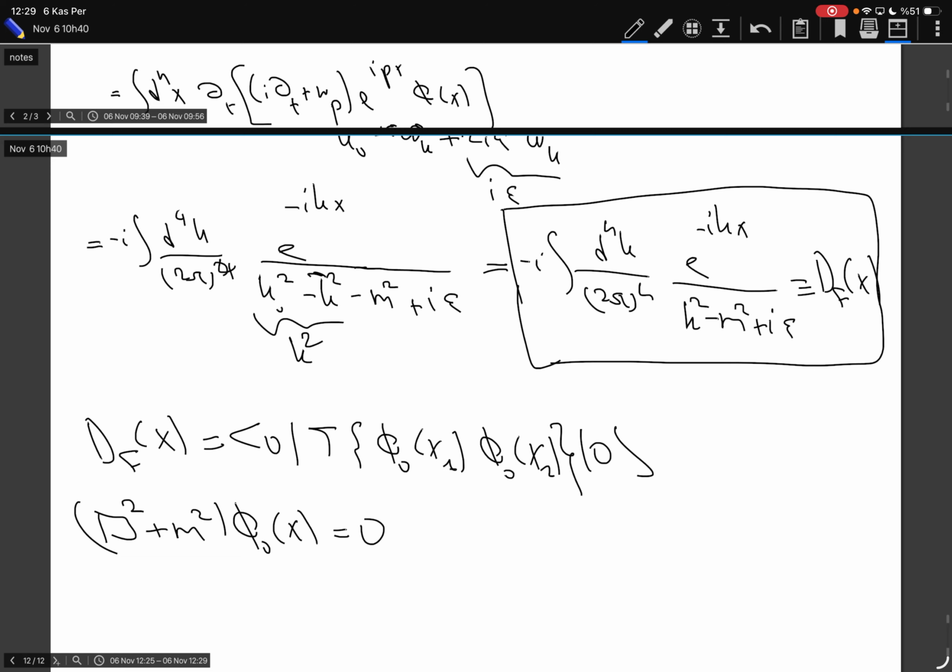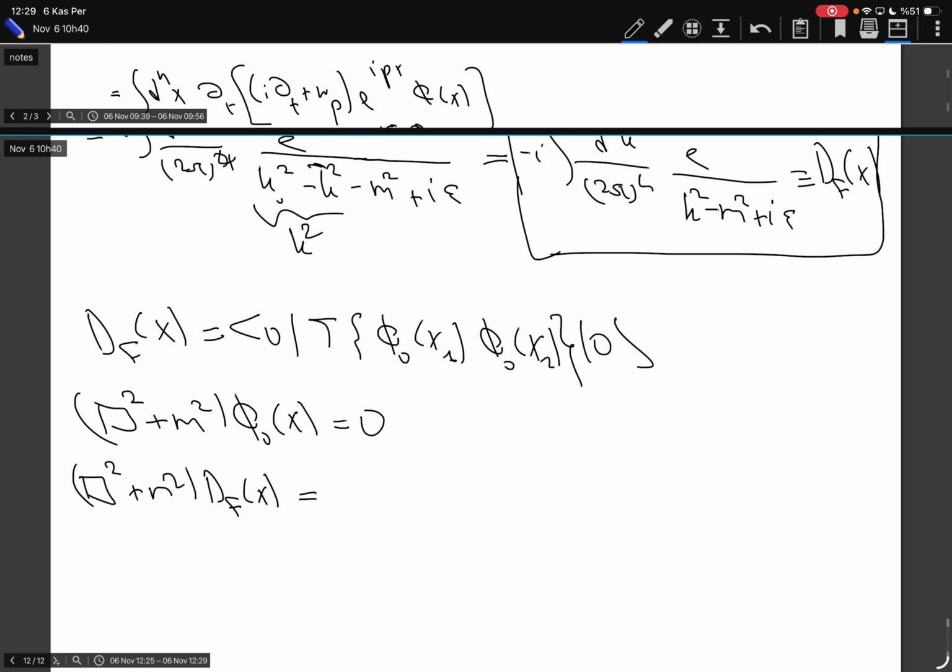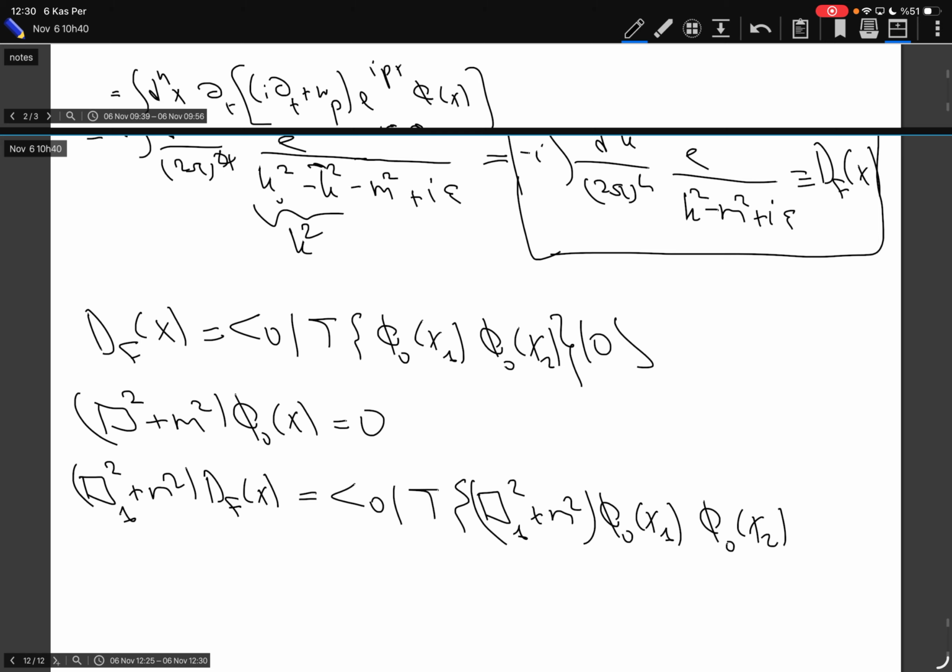Let me see what this propagator satisfies. Let me just act it on one. Well, that will be 0 time-ordered product of phi of x1, phi 0 of x2.